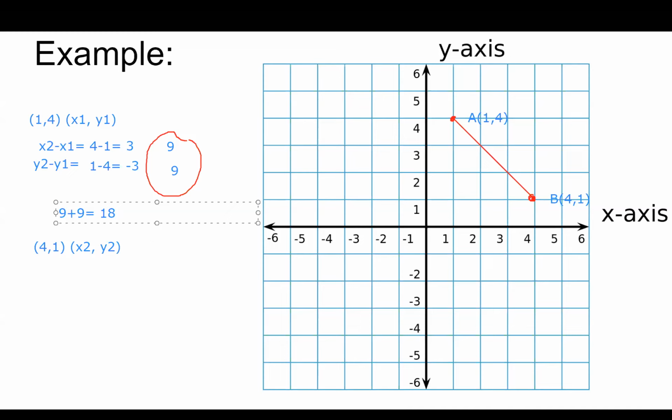Just a moment here. So the square root of 18 is approximately 4.24. Now this is the answer for my question, which tells me the distance between the 2 points A and B.